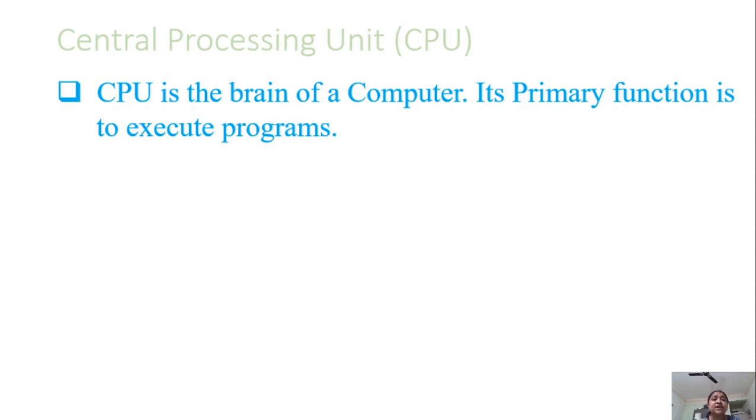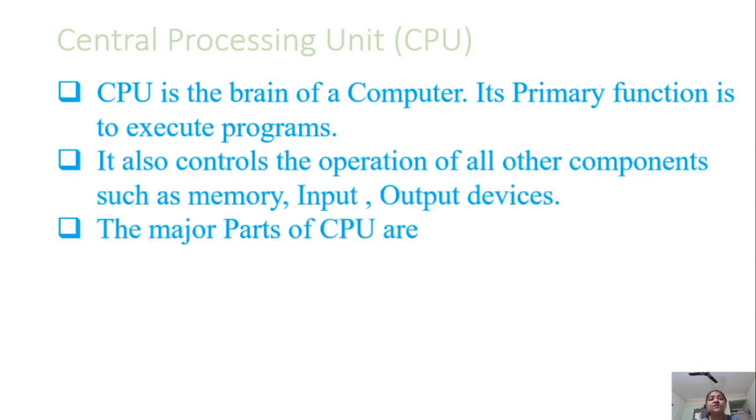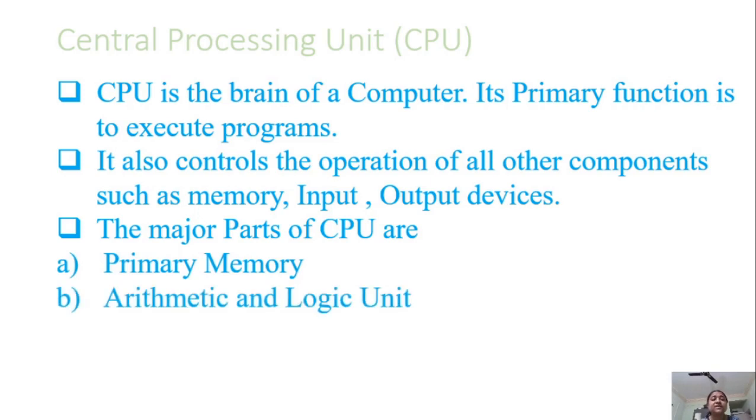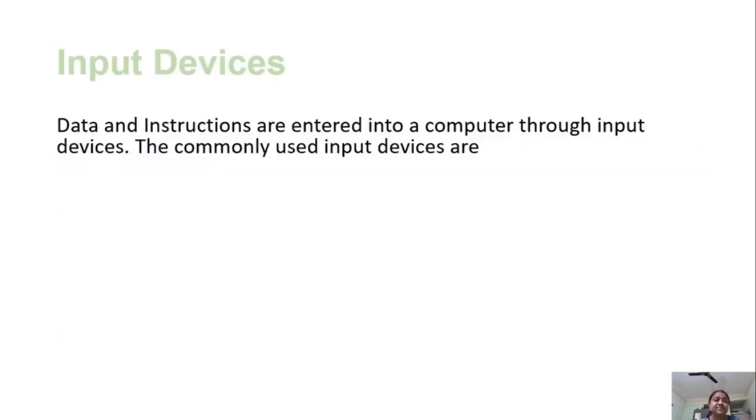What is the central processing unit? It is the brain of a computer. Its primary function is to execute programs. It also controls the operation of all other components such as memory, input, and output devices. The major parts of the CPU are primary memory, arithmetic logic unit, and control unit.